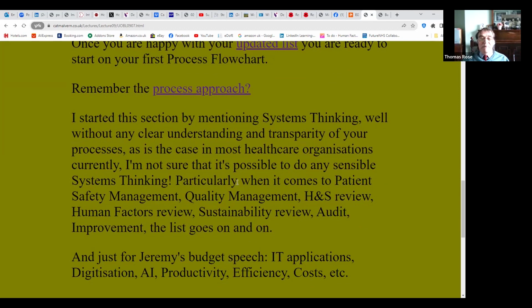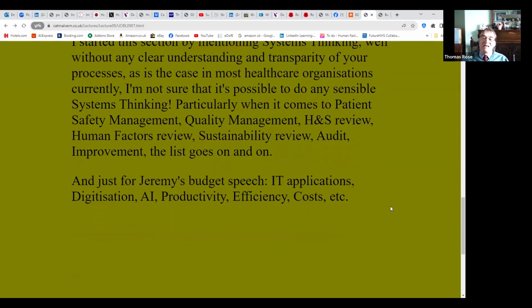So there's a whole range of processes that you can identify, and for Jeremy Hunt and his budget speech about improving the NHS, he talked about IT applications, digitization, AI, productivity, efficiency, costs. All those sorts of things will be influenced by your processes.